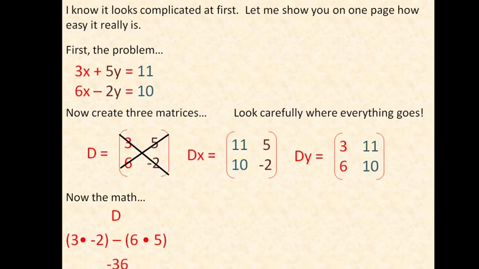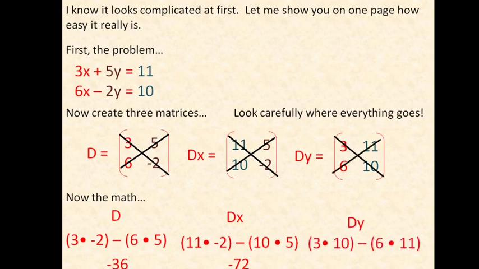For that you will cross multiply. 11 and minus 2, 5 and 10, and the value of dx will become minus 72. Now let us find out the value of dy. Cross multiply 3 and 10, 11 and 6. Your value of dy is minus 36.